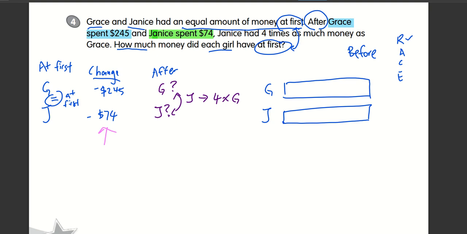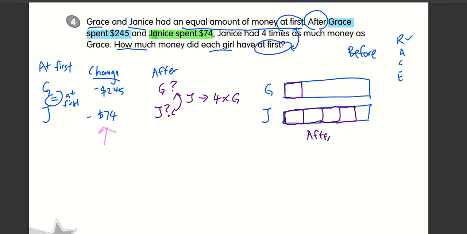So if I cut it this way, let's say Grace has this 1 unit here, and Janice has 1 unit, 2 units, 3 and 4 units.